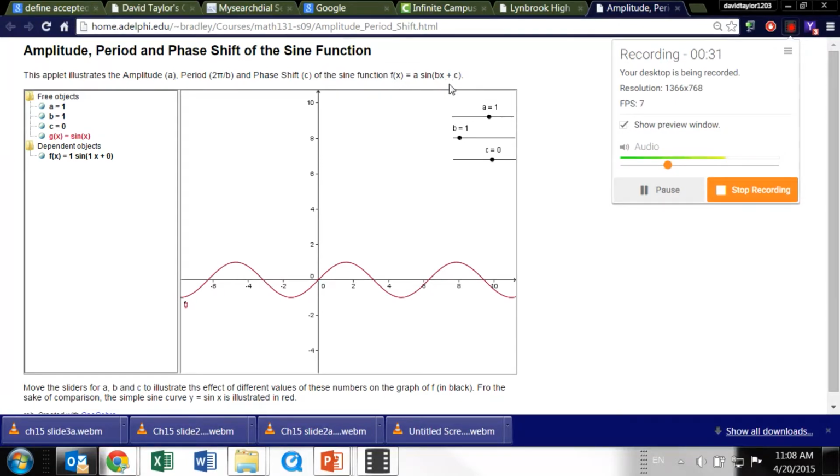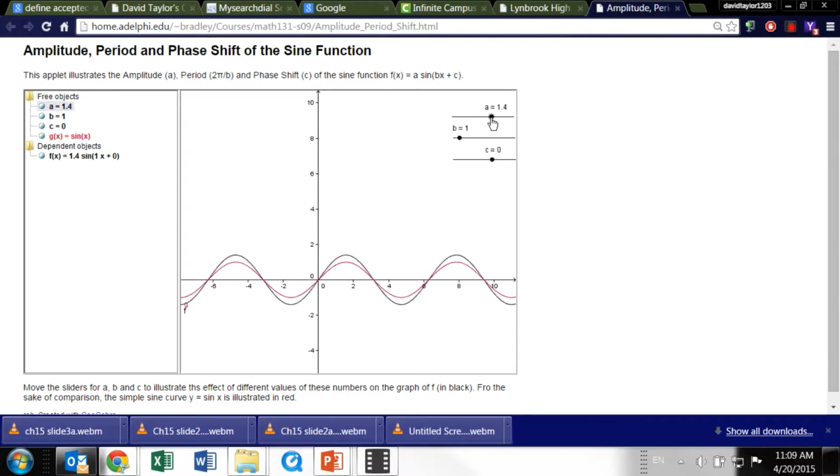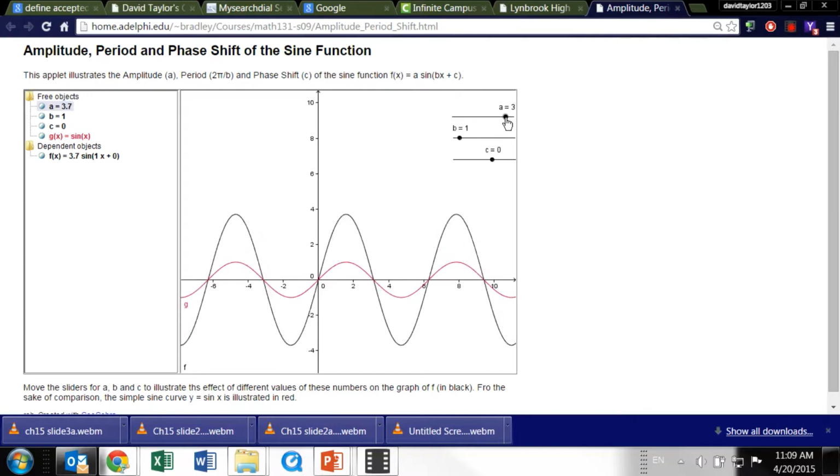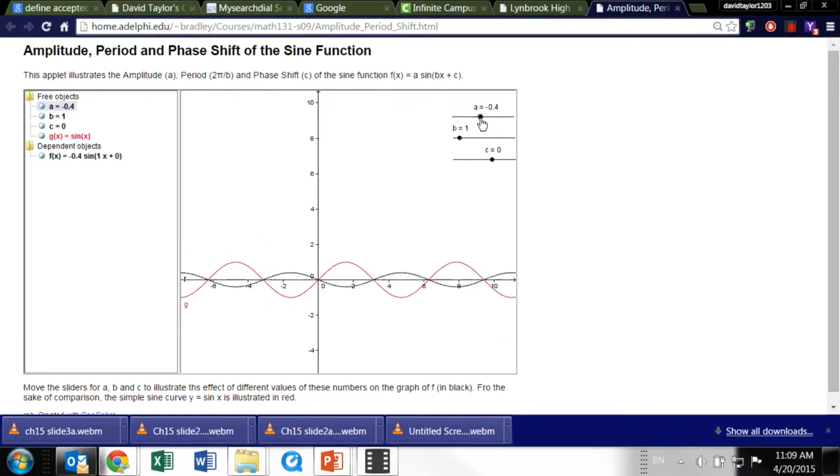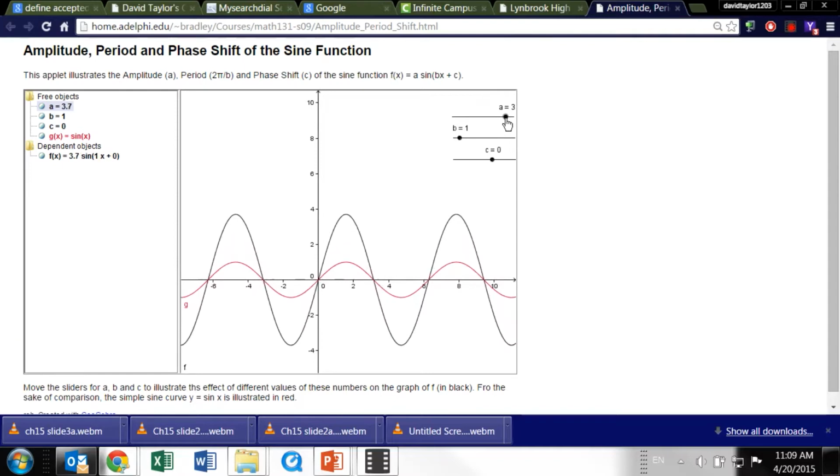How does my wave change when I change the amplitude of the wave? So I'm going to use this slider, and I'm just going to move it to make the amplitude more or less, and you can see that the blue wave is the one I'm changing, of course, and the red wave is the reference, what it was before I changed it. So there's changing the amplitude. Here, I will change the frequency of the wave.